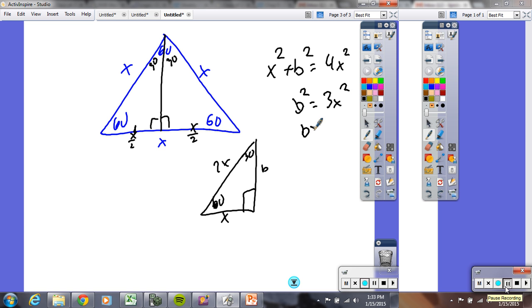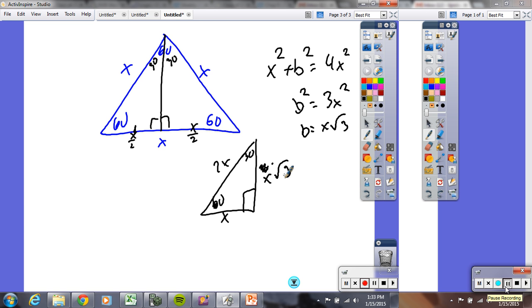So B is x root 3. Yep. Good. Anybody have a question?